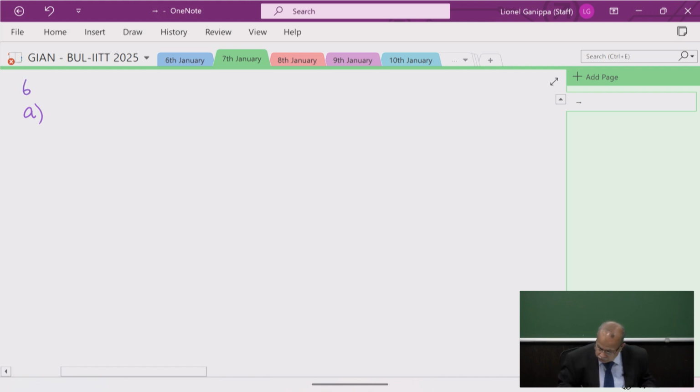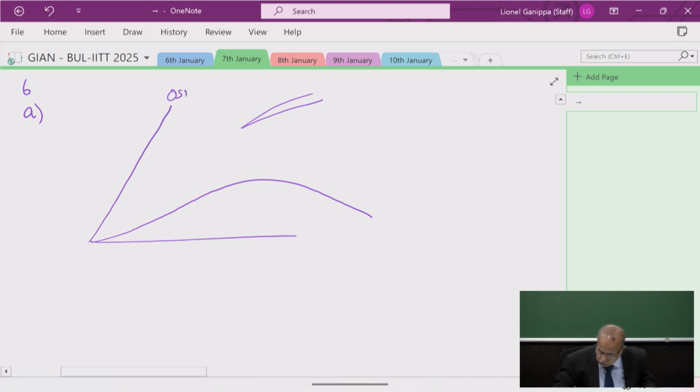So problem number 6. Here is the oblique shock 1. So here is M1, which is 2, and the floor turns by an angle of 10 degrees, and here is M2, and here it is M3.